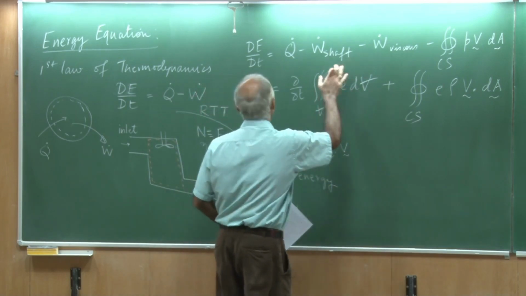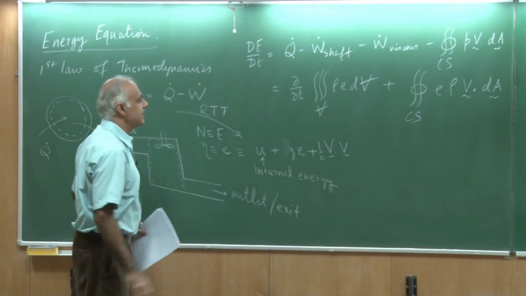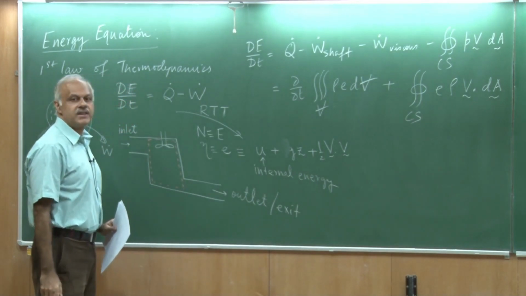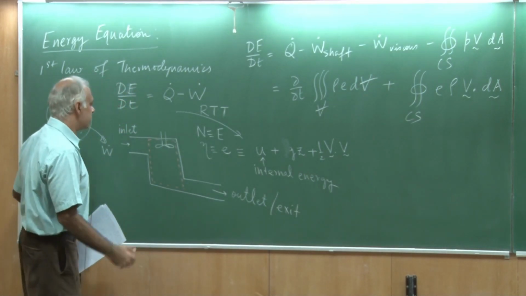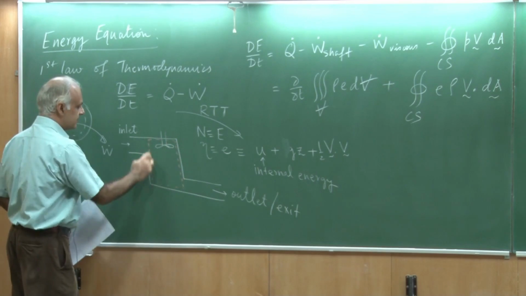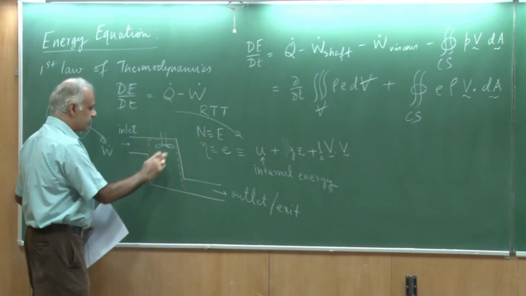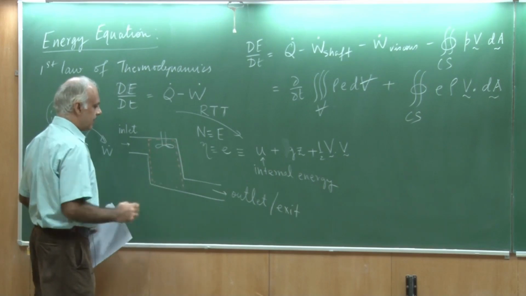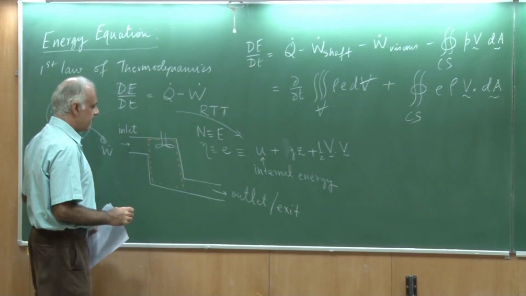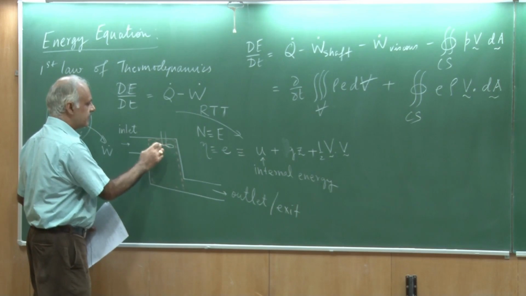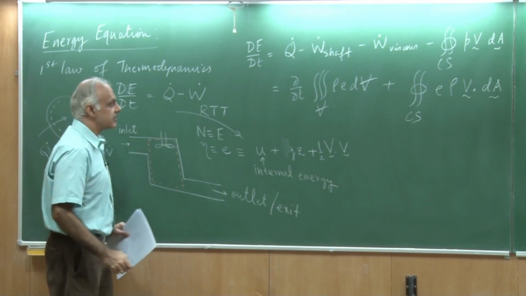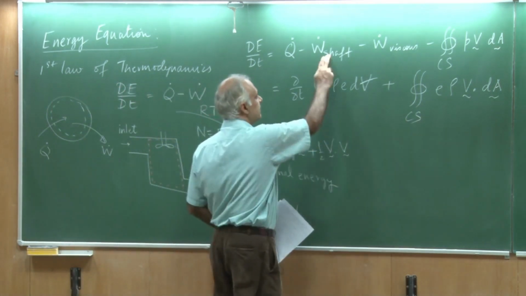And the work done, this term, the W dot term, we actually broke it down into various components. So this is the work done at the control surfaces, and we said that there could be boundaries which are stationary with respect to the control volume, and there is some work which is done by some kind of a shaft, and so that is this.